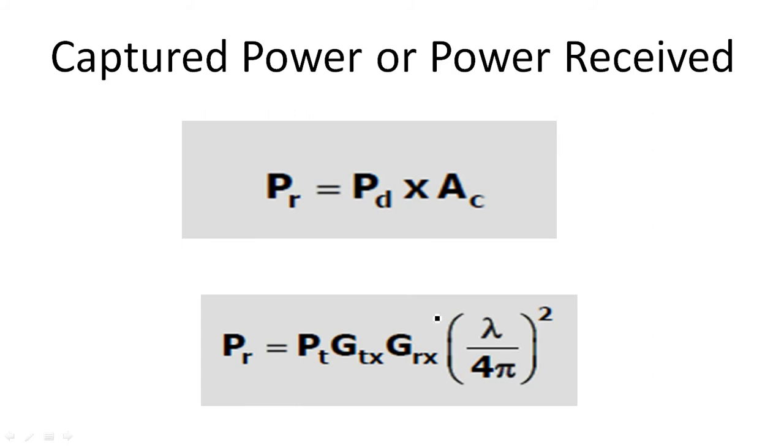Okay? So, for the captured power or the power received, PR is equal to power density times the captured area. Or in terms of gain naman ng transmitting and receiving antenna, transmitter power, PT, times the gain of the transmitting antenna times the gain of the receiving antenna times lambda over 4 pi squared.